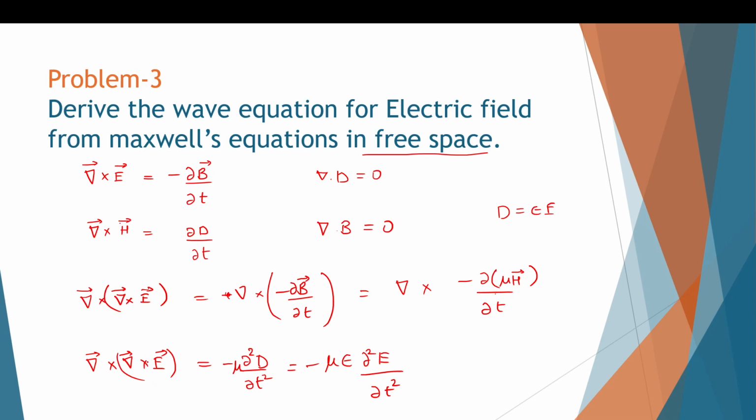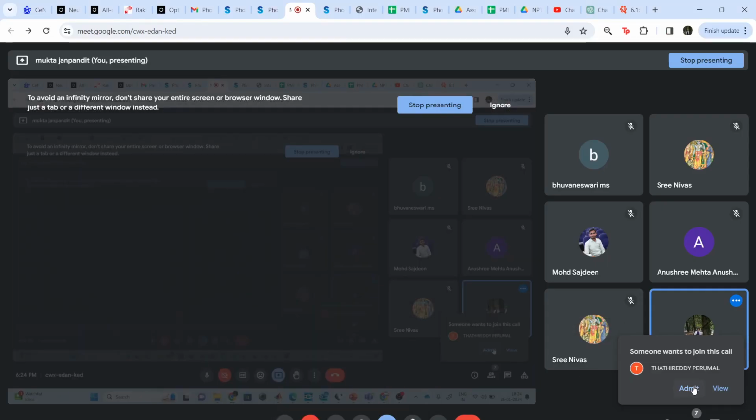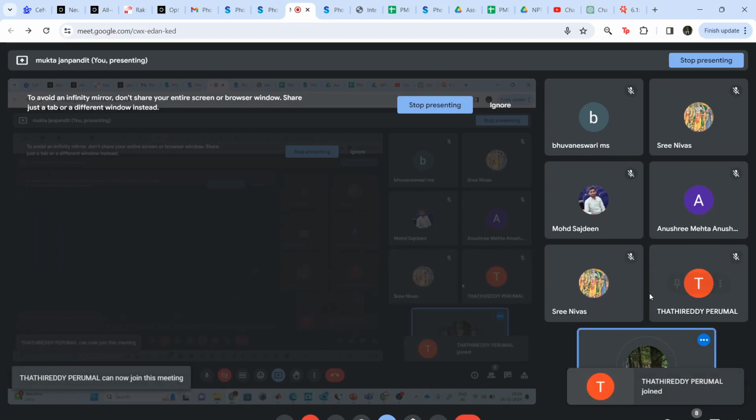However, this still doesn't look like a wave equation because of the left hand side. So we have to simplify the LHS.